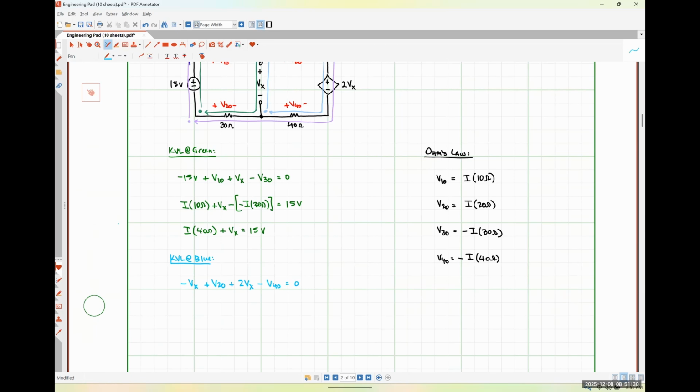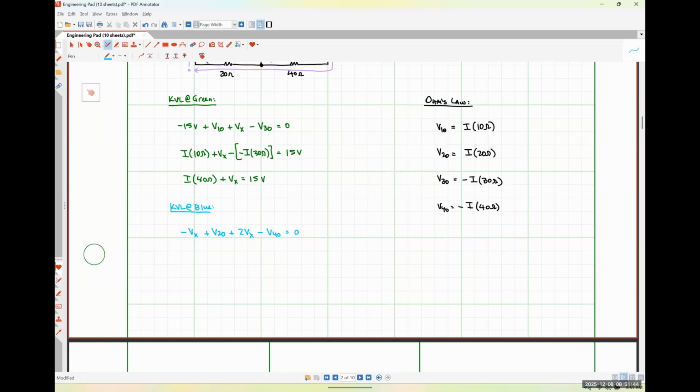Obviously, I can say that minus Vx plus 2Vx just looks like 1Vx, okay? And I can use Ohm's law to give me a relationship for the 20 ohm resistor and the 40 ohm resistor, both in terms of the current I. So I'm going to leave Vx on one side of the equation. Minus Vx plus 2Vx is equal to a single Vx. Now I'm going to have minus V20, so minus V20 is going to look like minus I times 20 ohms.